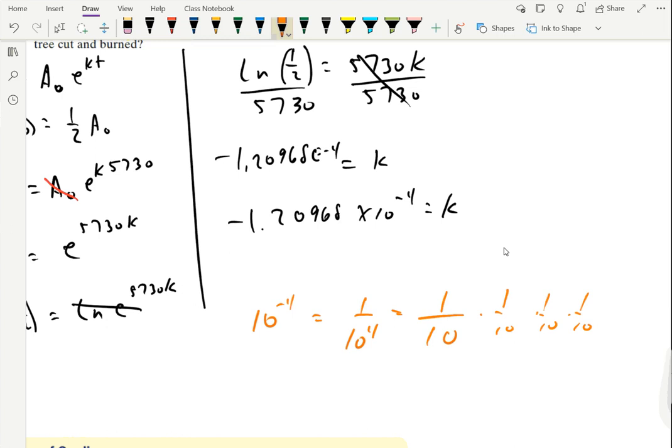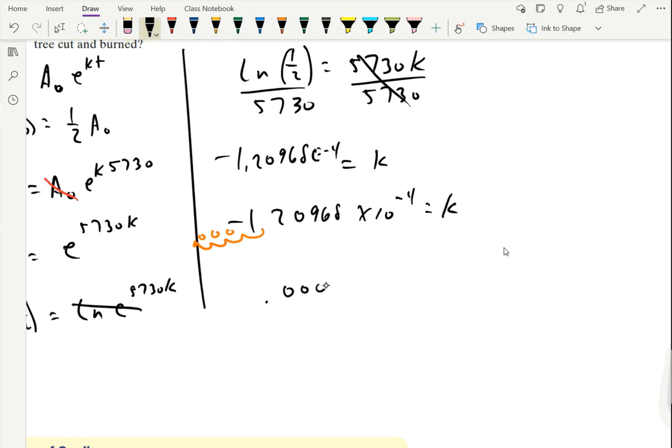When we divide by 10 to make it smaller, we can just move our decimal over to the left. So if I move this decimal over 1, 2, 3, 4, with extra zeros, I'm going to end up with negative 0.000120968, and that's my rate of growth.